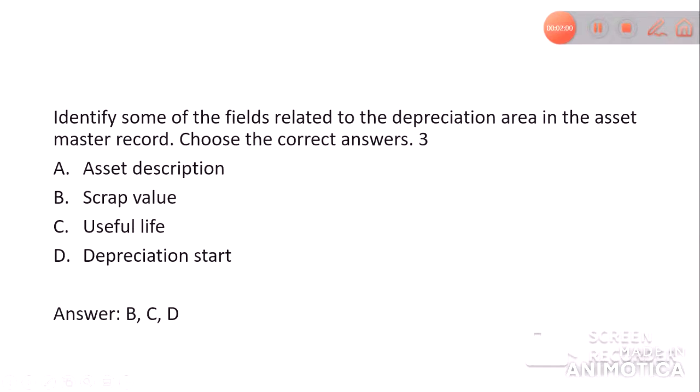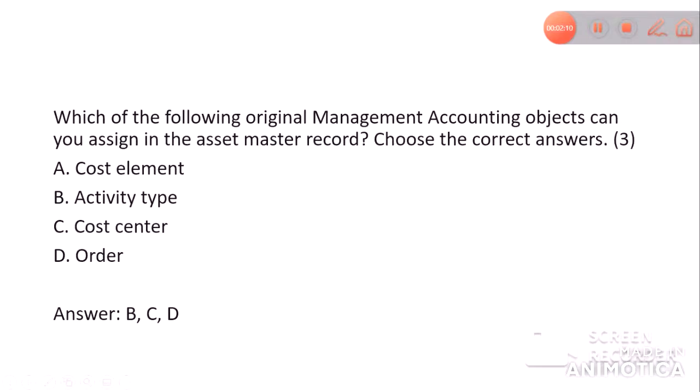Identify some of the fields related to the depreciation area in the asset master record. Scrap value, useful life, depreciation start date. Which of the following original management accounting objects can you assign in the asset master record? Activity type, cost center, order.